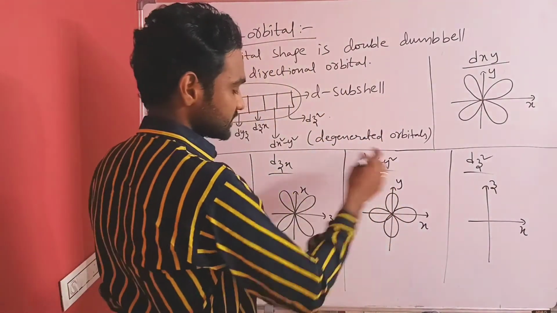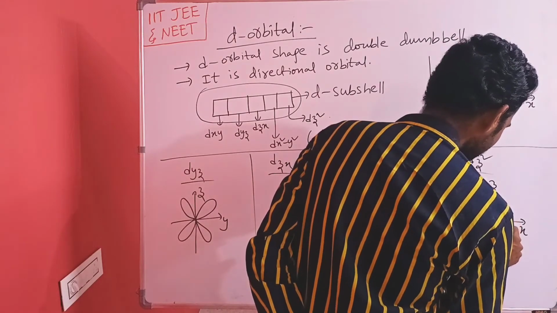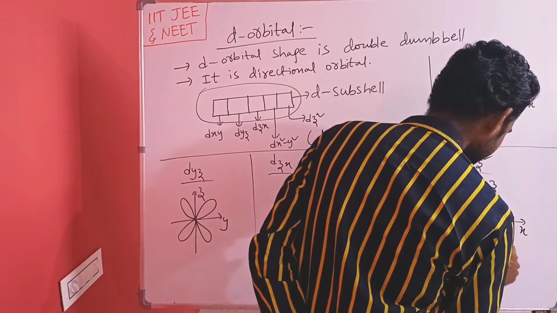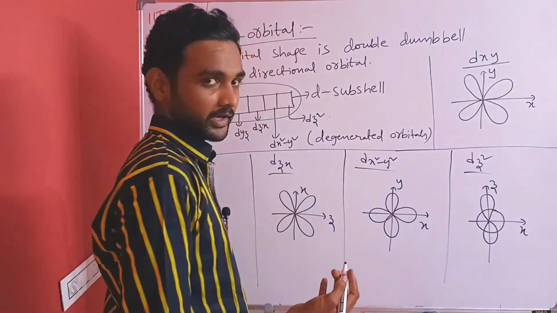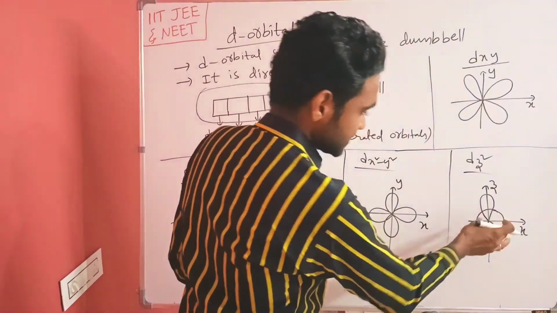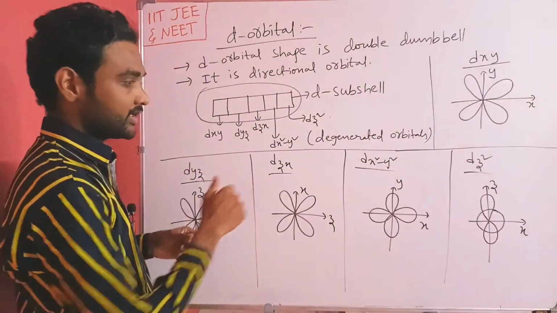Now dz square: one lobe is present on the front side of the z axis, and another lobe on the back side of the z axis. We can't see that, so I represented it in this way. Have you understood? This is today's class.